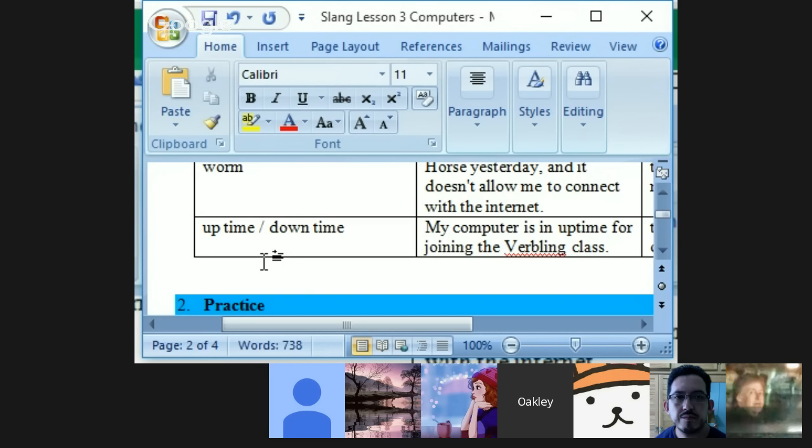Anybody at all? Is there any computer-related slang that I've overlooked? No? Can anybody think of anything? Cracker. What's that? Cracker is a people who... Cracker is very similar to hacker.